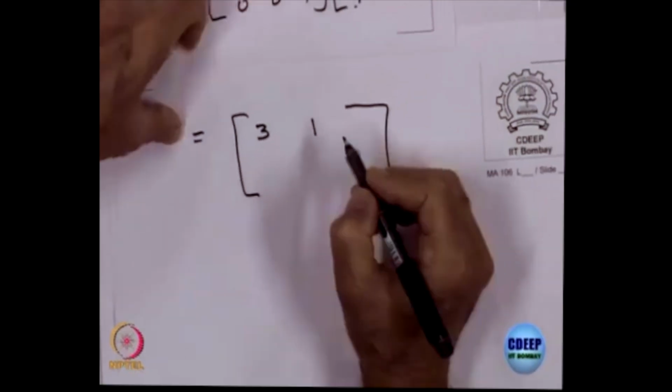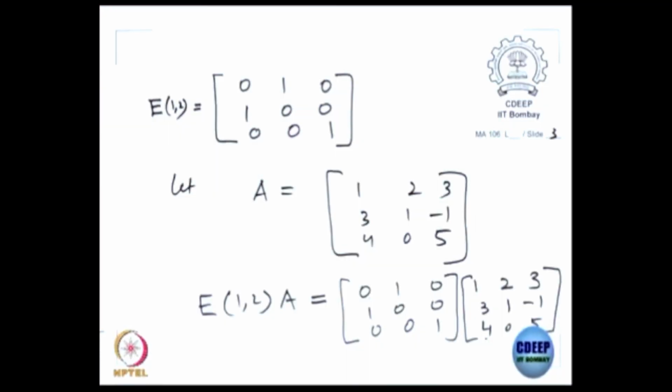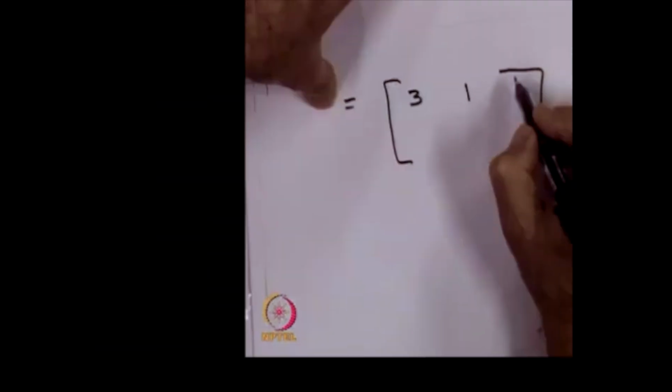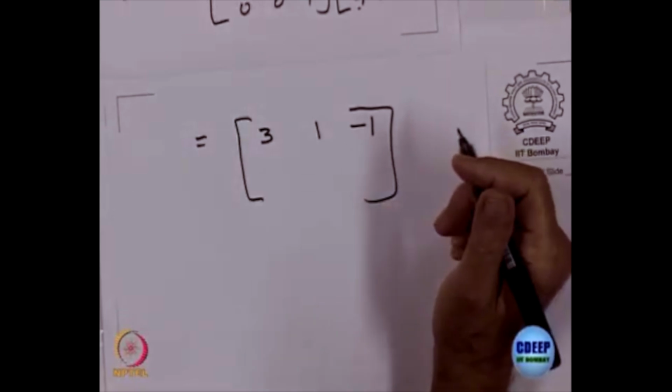So, that is 1. What is the next one? 0 multiplied by 3 is 0, 1 multiplied by minus 1 is minus 1, and 0 multiplied by 5 is 0, so that is minus 1. Is it okay?